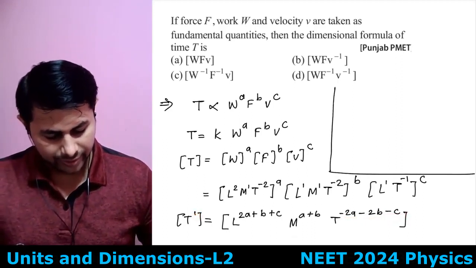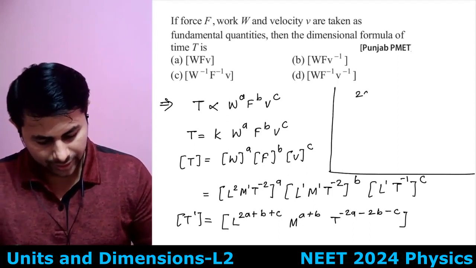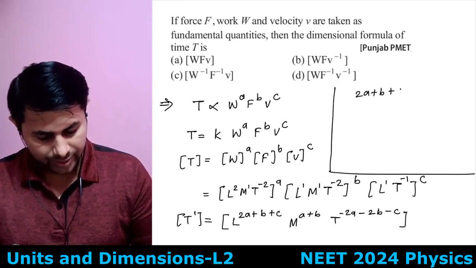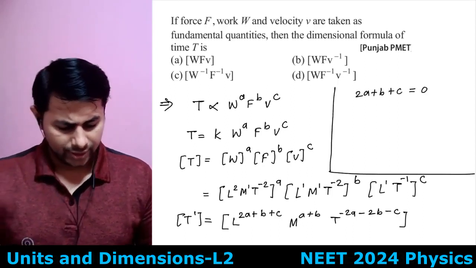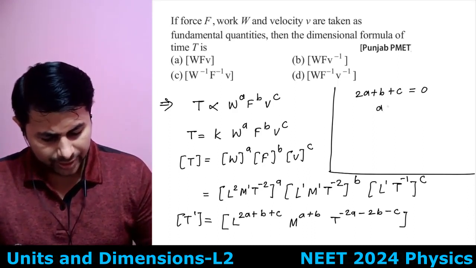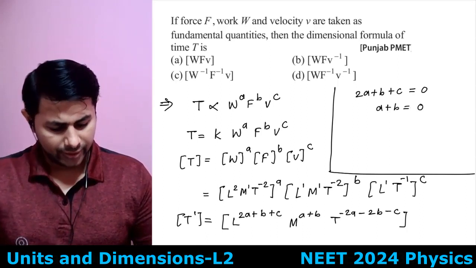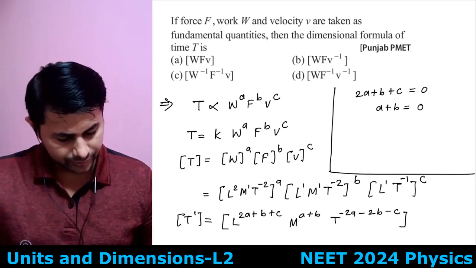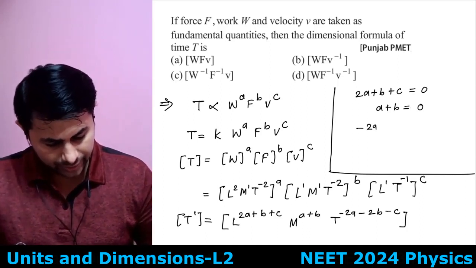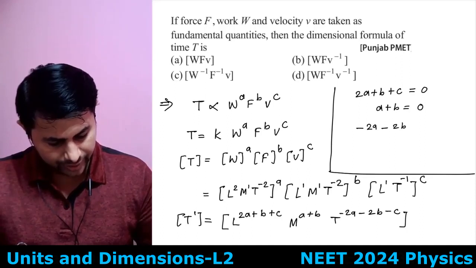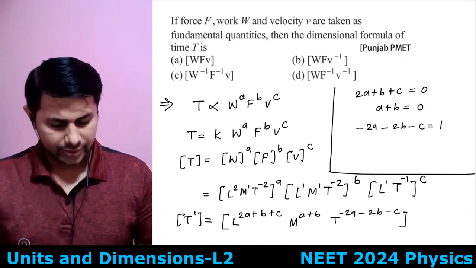So we got three equations. 2A plus B plus C is equal to 0. That's first one. A plus B is equal to 0. That's second one. And minus 2A minus 2B minus C is equal to 1.